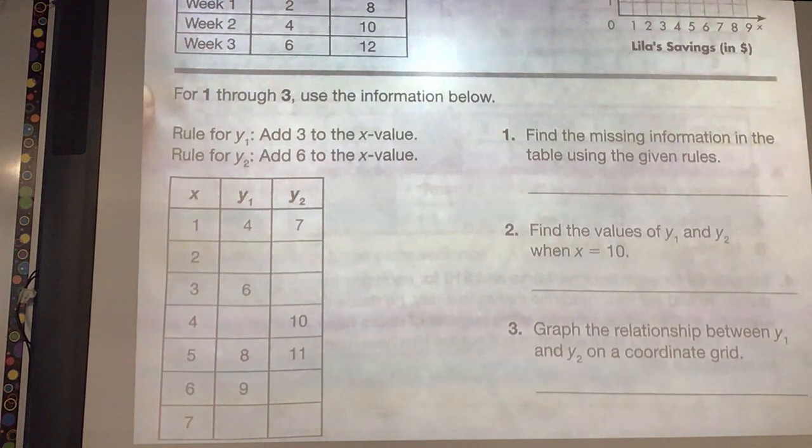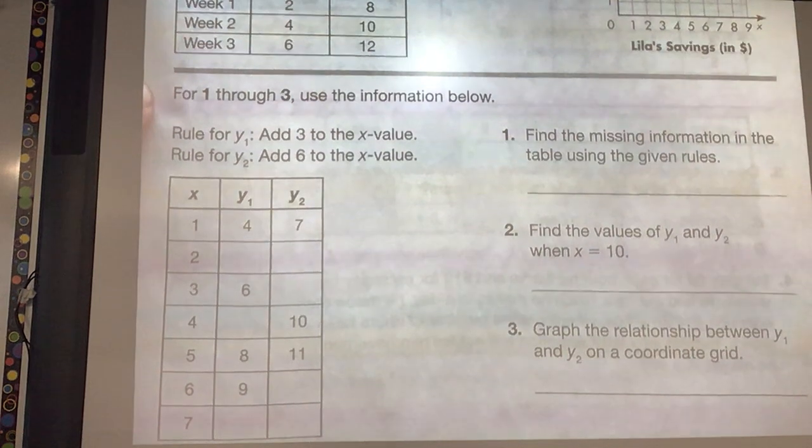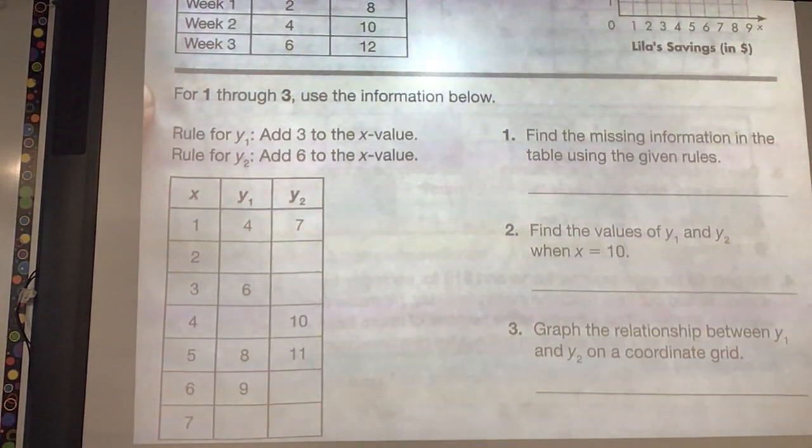One more minute. All right, I want you, mask on, turn to somebody in your area and share your completed table. See if you agreed on our missing numbers for our table.